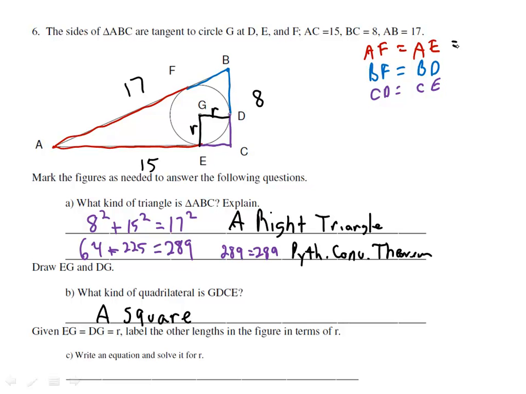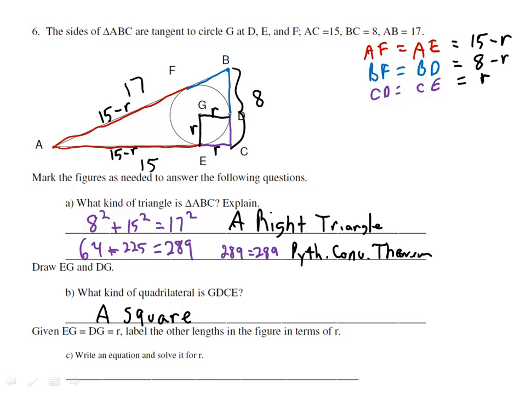AF and AE are equal to each other. And what do they equal? Well, as we can see from here, AC is 15, and this is R. So AE equals 15 minus R, and so does AF equal 15 minus R. Same thing up here, BF and BD equal 8 minus R. And then CD and EC or CE are just plain R. So there we have these values that we need.